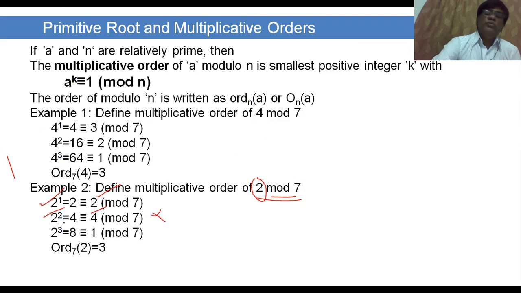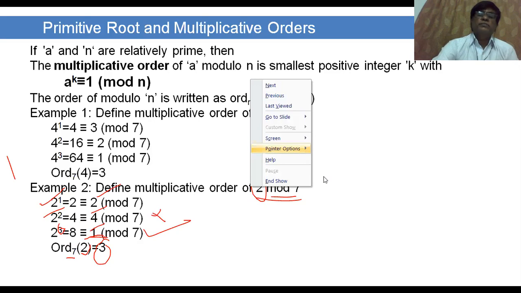Next, 2 cubed is 8, and 8 mod 7 has remainder 1. So it satisfies. For 2 cubed we got the congruence 1, so the order of 2 modulo 7 is 3. That is the multiplicative order.